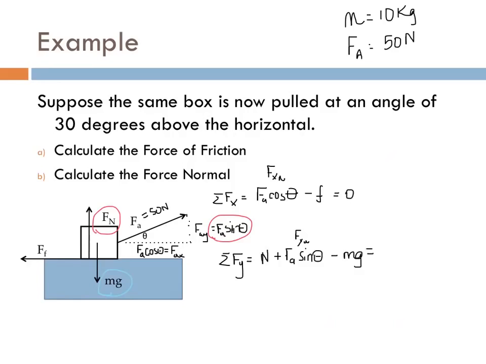Again, it's negative because it is pointing downwards. That's why we're not putting a negative in front of the 9.8 or g, because we're taking the negative into consideration here. Again, because it is moving at a constant speed, my sum of the forces is equal to 0.